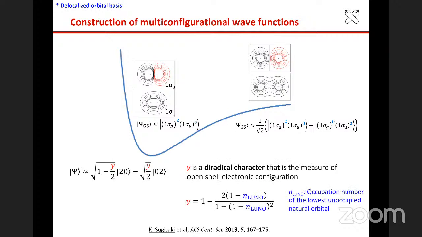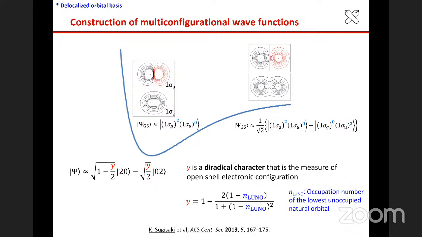Somewhere in between, the wave function can be approximated like this, but with unequal coefficients. So the problem is how to evaluate these coefficients without performing, for instance, a CI calculation.